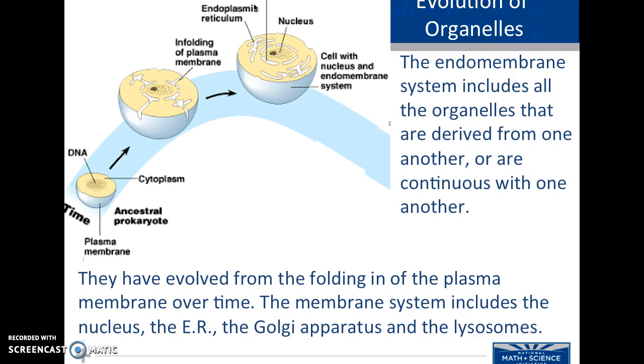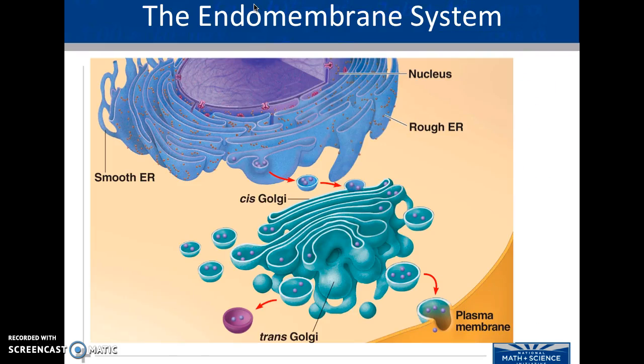Basically anything that was originally part of the outer plasma membrane. And so we see that cells became more complex as the outer membrane started to have folds, and then those folds pinched off and created organelles within the cell. Very similar to the endosymbiosis hypothesis. This is an example of that.